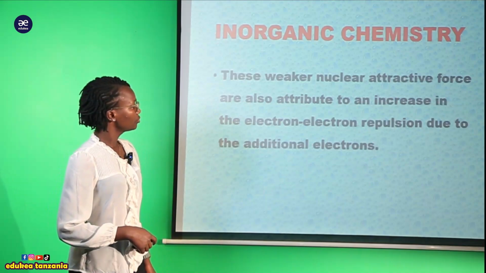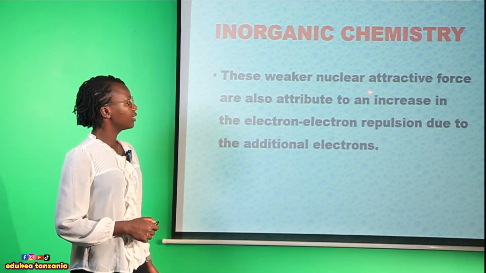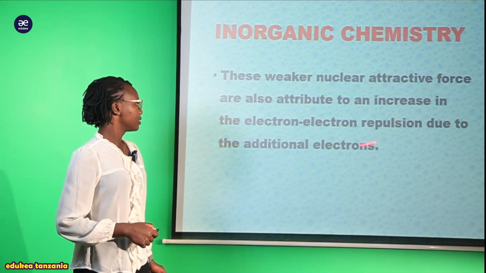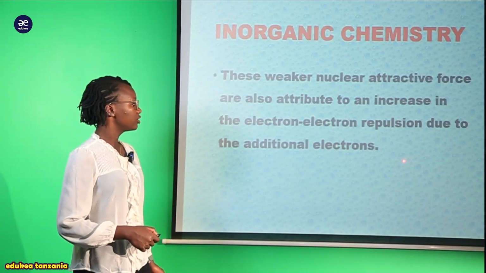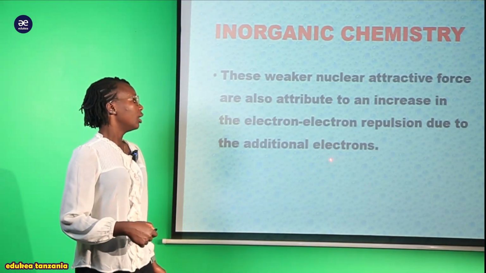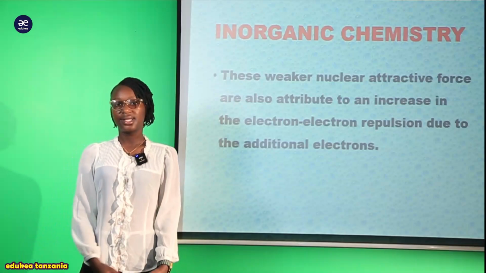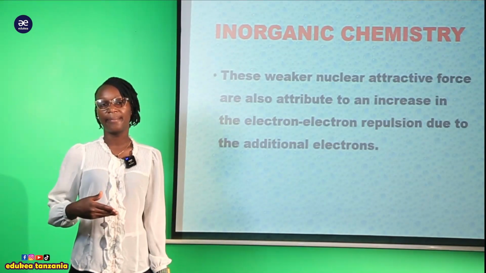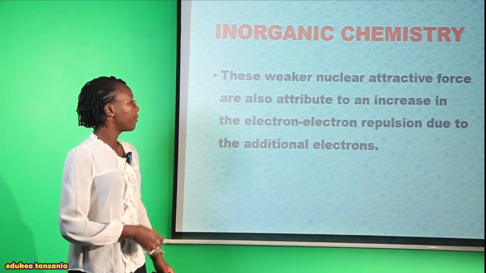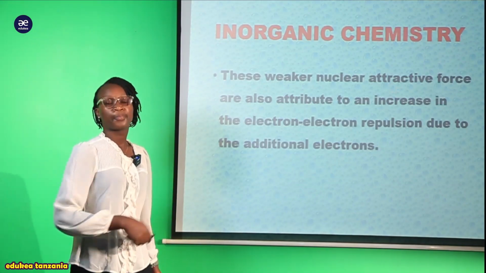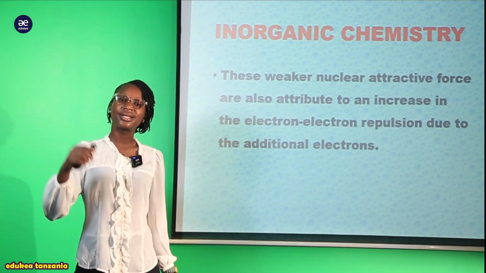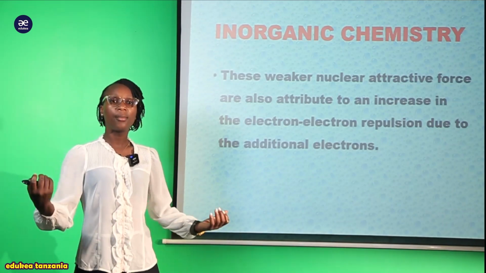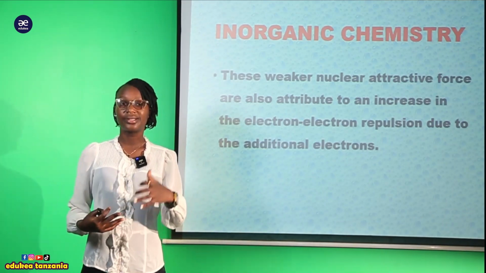So this weaker nuclear attractive force is also attributed to an increase in the electron repulsion due to the additional electrons. Sasa hii weaker nuclear attractive force ambayo inakuwa formed hapa, pia inaongeza au inasababisha increasing in the electron repulsion, kwa sababu kuna zile increasing of the what?